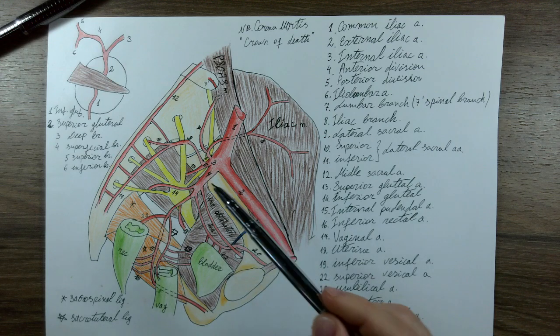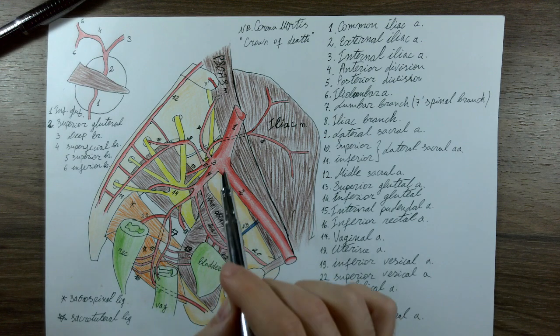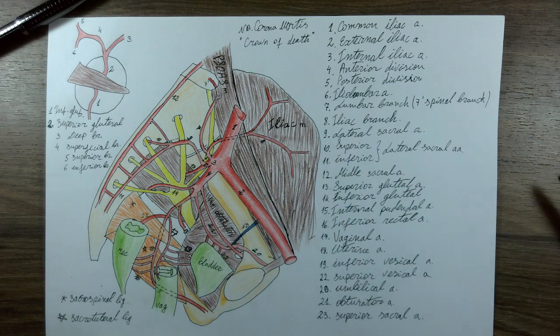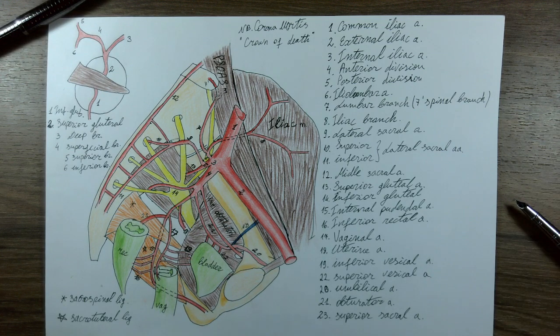So you can stop the bleeding, so you can have a clearer field of view. What's important to know here is that this bifurcation happens usually at the level of S1, L5, so at least the surgeon can locate it quickly based on these correlations.